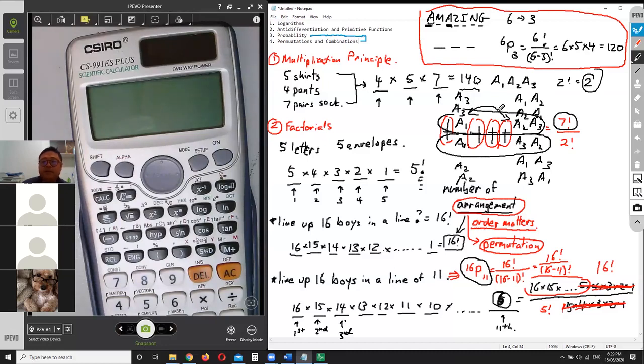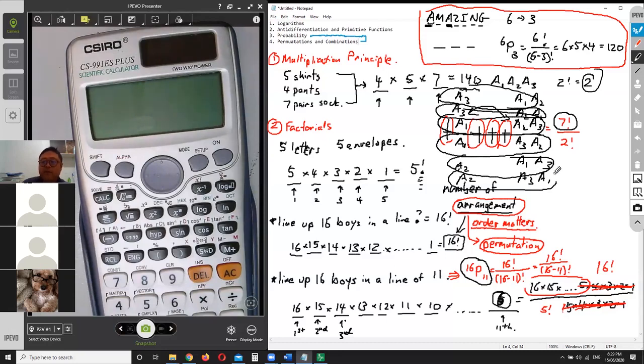So how many duplicates of this arrangement are there? 6, 3 factorial.